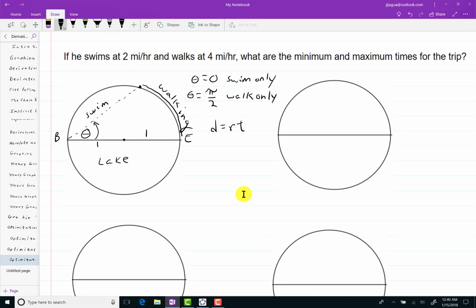What that means is that the amount of time you spend will be d over r. So these are the r's that I'm given, and the distances I need to figure out. And if I have that, then I'll have the total time. So let's start with the distances, and let's start with the swimming distance.